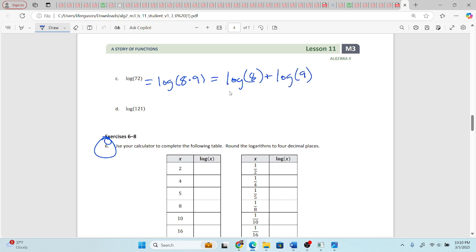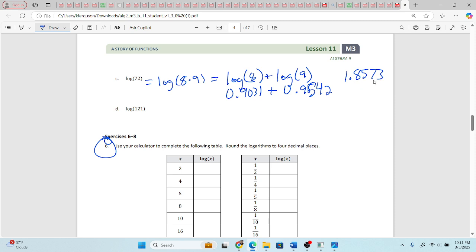And log of 8, according to my chart, is 0.9031. And then 9 is 0.95542. And when I add those two things together, I get approximately 1.8573. And guess what that is?